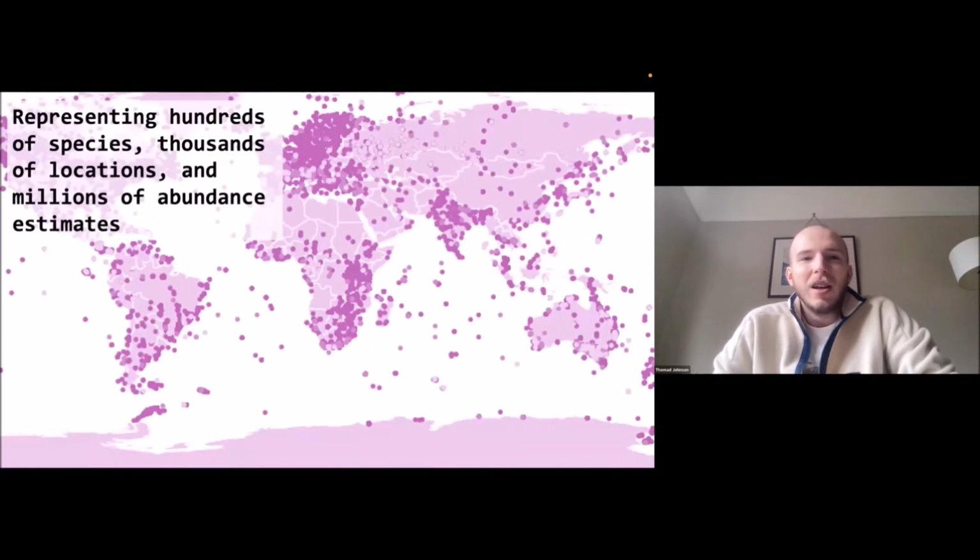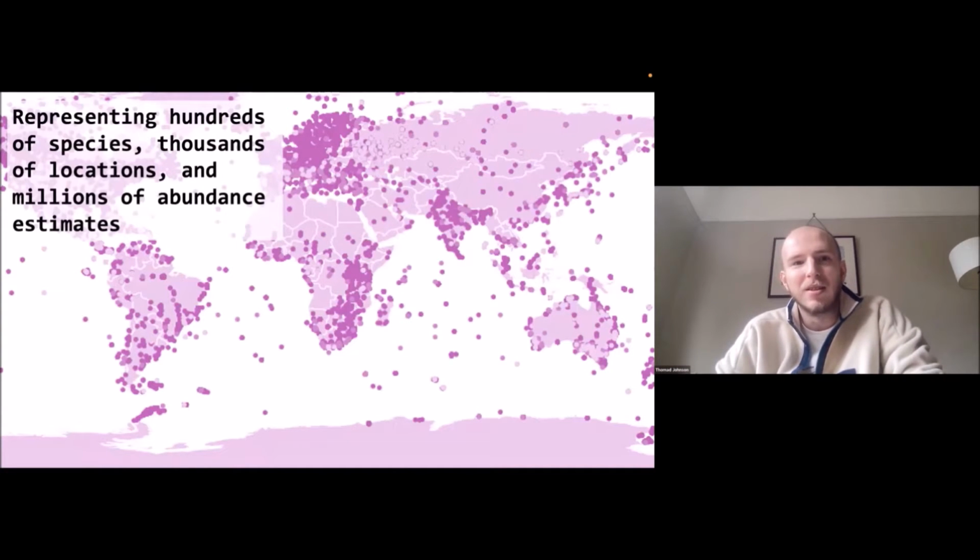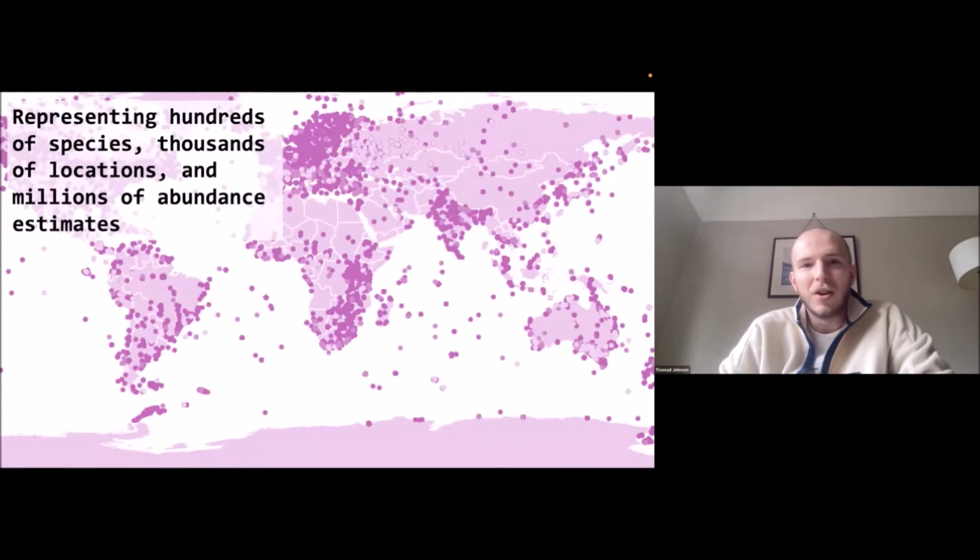So the underlying data for these indices, and by these indices, maybe I should just say these are things like the Living Planet Index, the Breeding Bird Index. There are moth-based indices. There's a whole array of these, and they're really influential. And part of the reason they're so influential is that they are derived from some of the richest biodiversity data available.